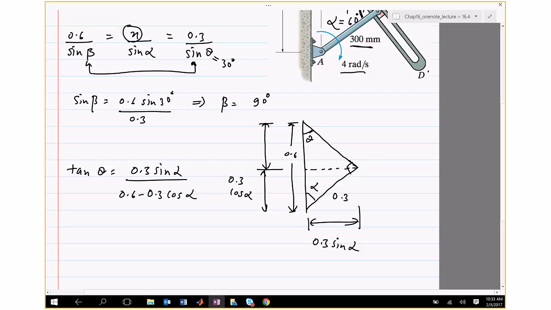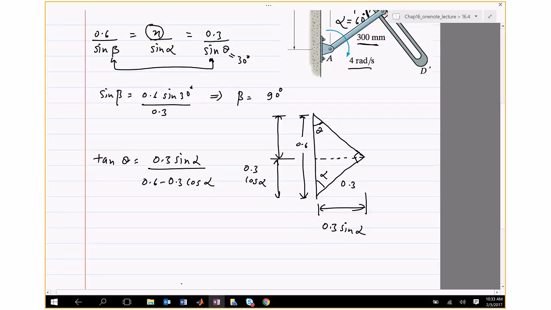So I try to write everything in terms of theta and alpha. There are a number of ways to differentiate this, you could just take the derivative as it is here, but I think it is perhaps simpler to write it like this and then take the derivative.